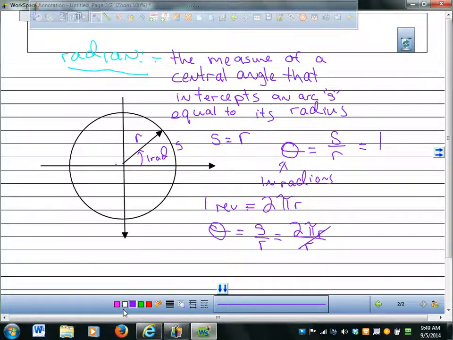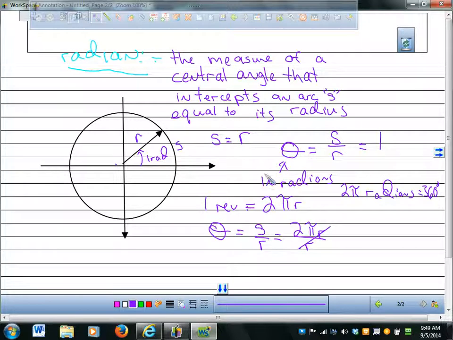2 pi, okay? So in other words, if I go around a circle, the measure in radians is 2 pi. There are 2 pi radians. 2 pi radians is equal to how many degrees? 360 degrees.